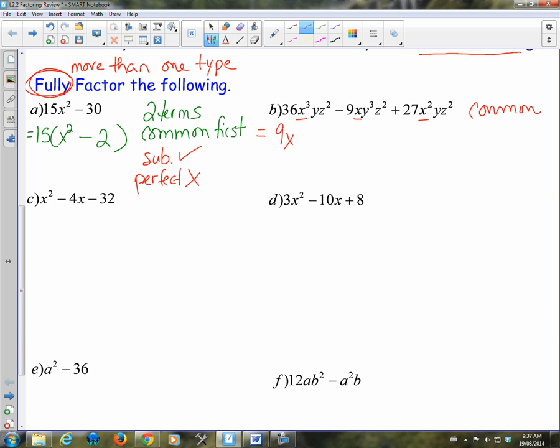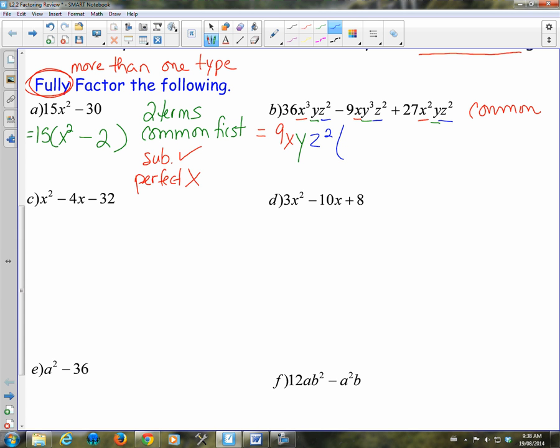So x will be my common factor. Then I look at my y's. I have a y cubed and a y. Lowest exponent is the common factor. Then I look at my z's. Z squared, z squared, z squared. All the same. So the common factor has z squared. So my common factor is 9xyz squared. And I'm going to divide each term by that.